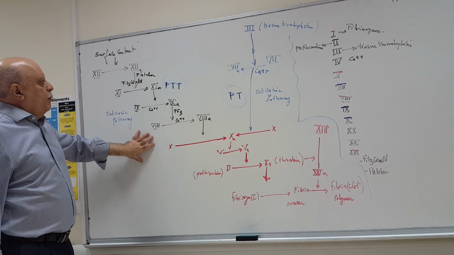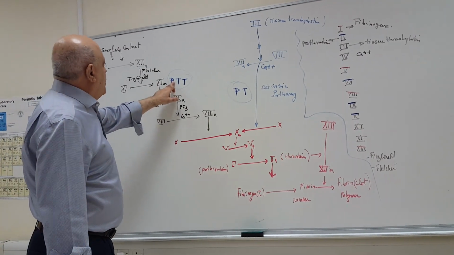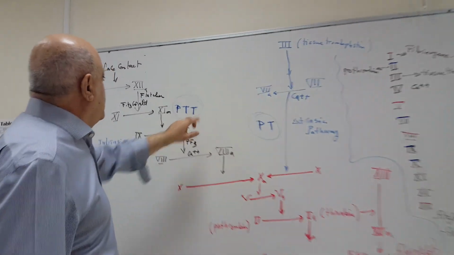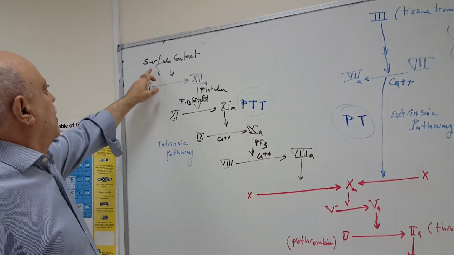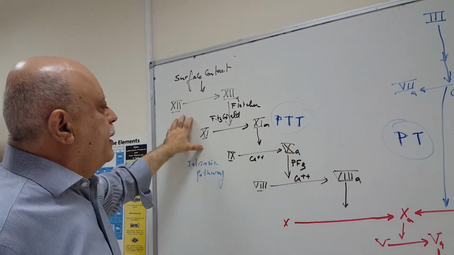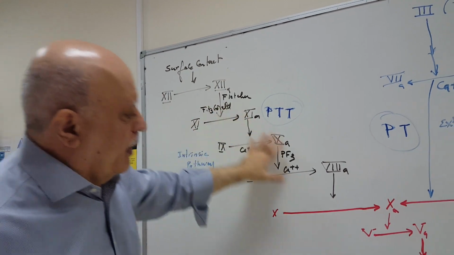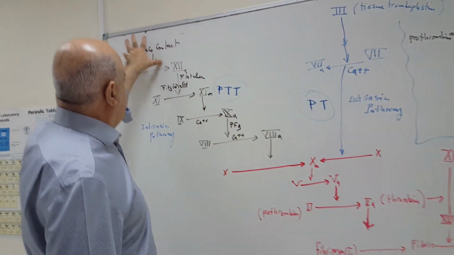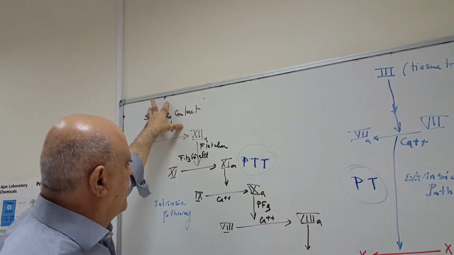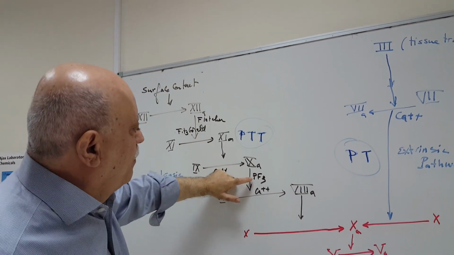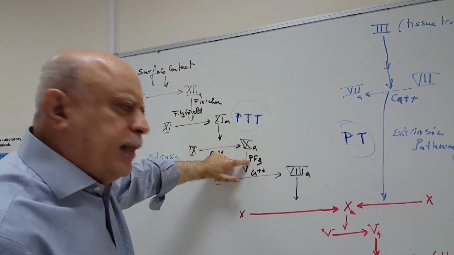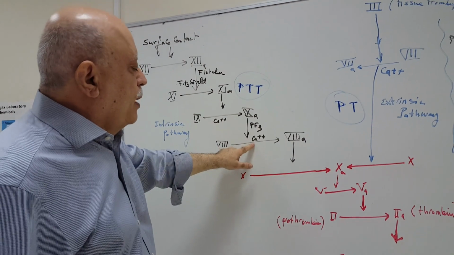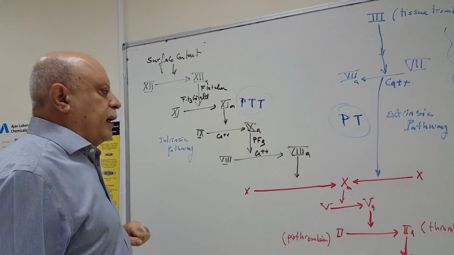For this pathway, which is called a PTT, partial thromboplastin time, what do we need to add? Everything is there, except the surface contact, the collagen, which we don't have. We don't have PF3 because it's in the platelet, and we don't have the calcium because it's bound to the anticoagulant.